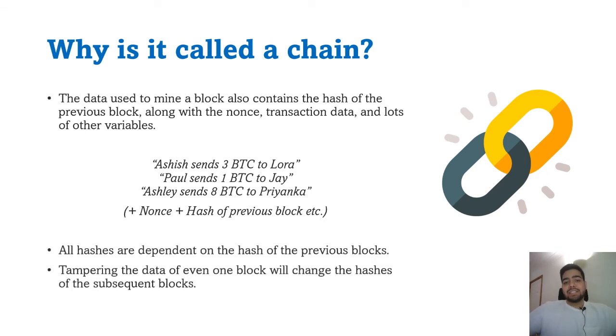Because all the hashes are dependent on the hash of the previous blocks, if you tamper the data of even a single block, the whole of the subsequent blocks are deemed invalid and this blockchain fails. So that is why this is so secure, and that is why it is called a blockchain.